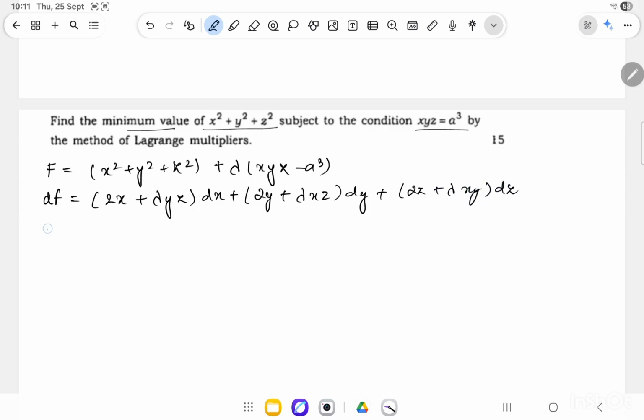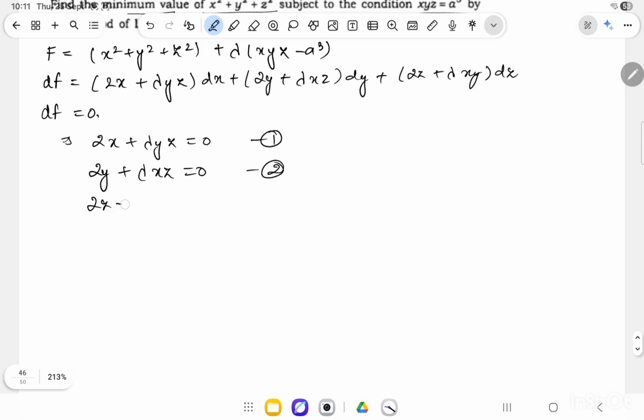Now if I equate it with 0, I'll basically get 2x plus lambda yz equals 0. Let's name it as 1. And 2y plus lambda xz equals 0. Let's name it as 2. And 2z plus lambda xy equals 0. Let's name this equation as 3.